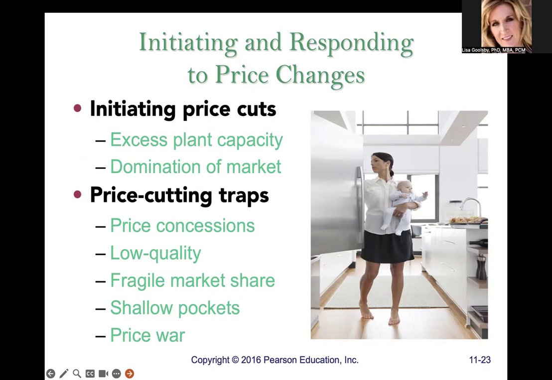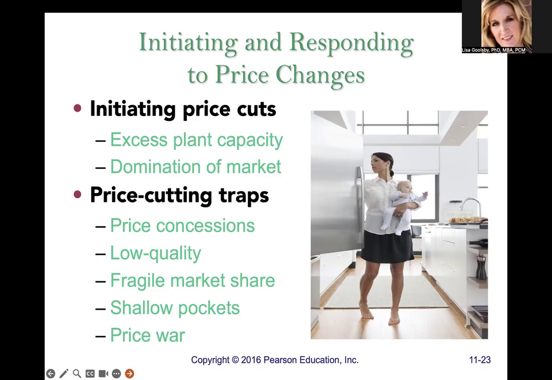Price changes. Once you lower a price, it's really hard to get the price high again. So you have to really be considerate of when you raise prices and when you lower prices. So price cuts usually happen when you have too much inventory.